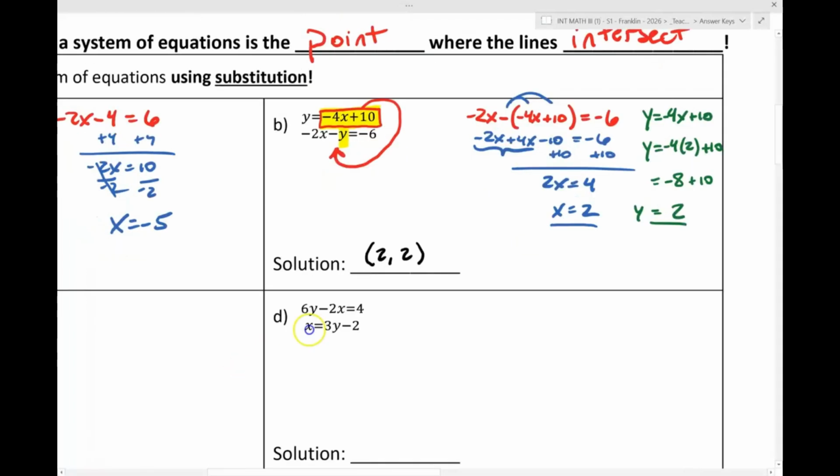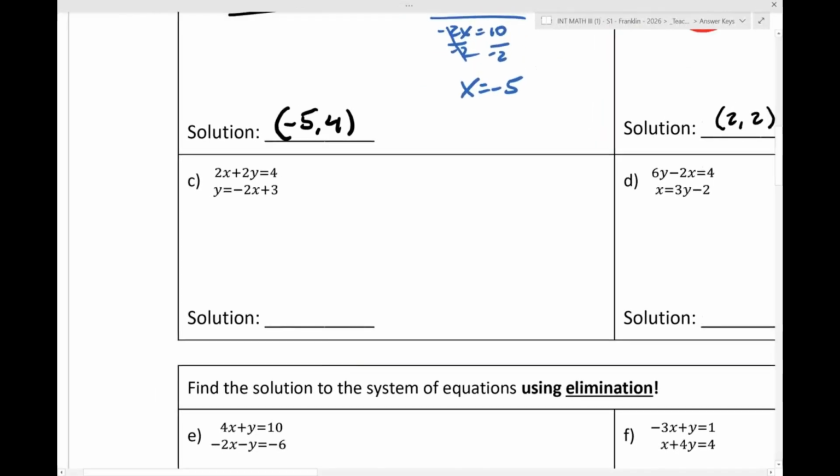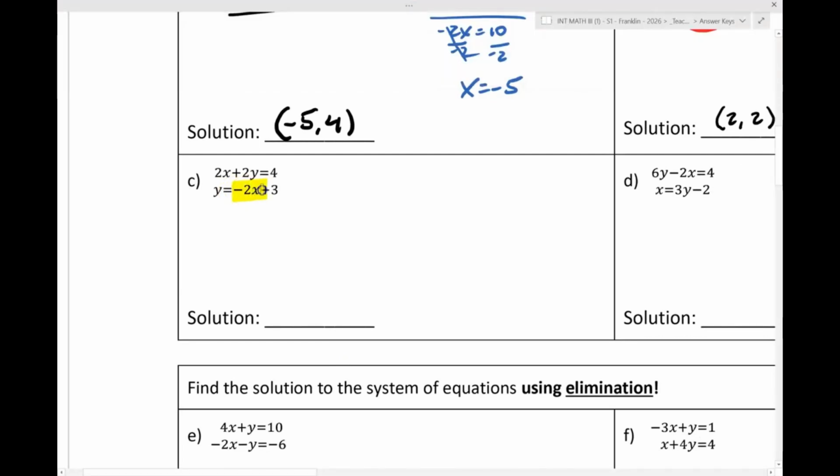But moving right along to example C. Again, this is really well set up for substitution because you have this expression that is already set equal to one of your variables. It says y equals negative 2x plus 3. So we can very easily put this expression in for y without having to do any work beforehand.